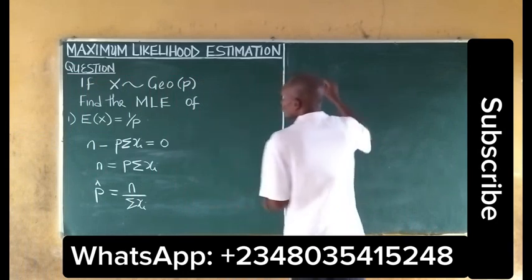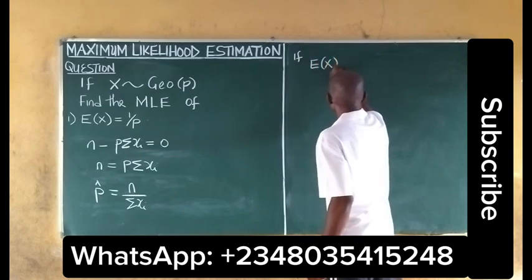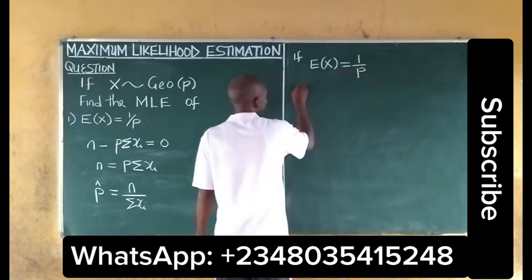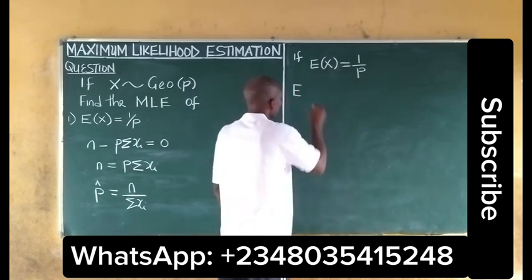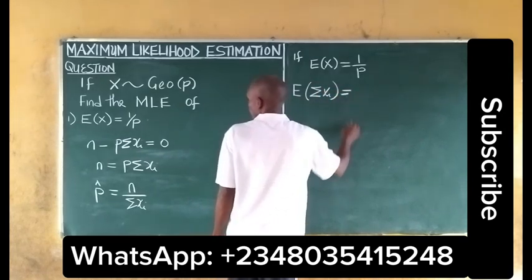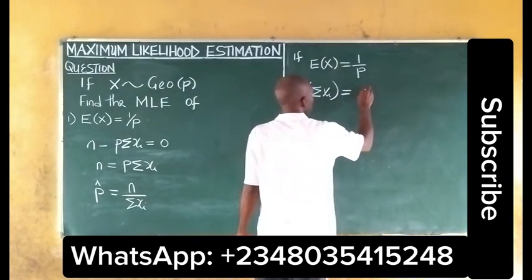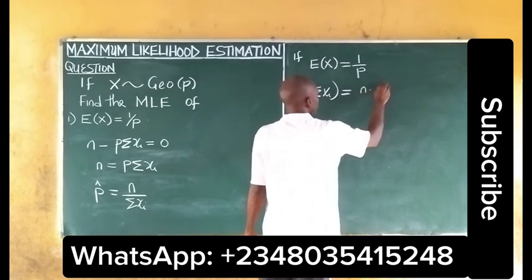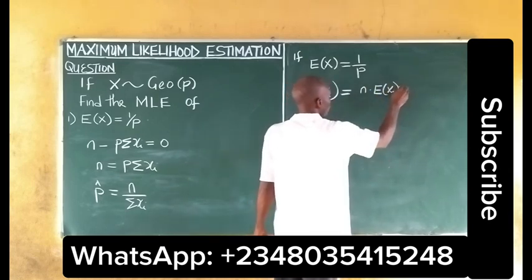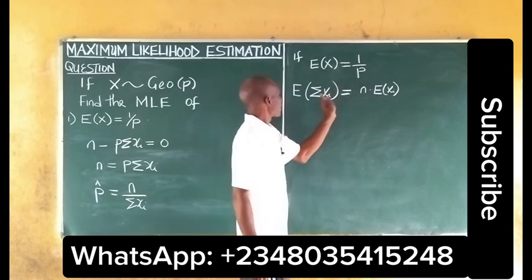So the next thing to do, if the expected value of x is equal to 1 all over p, which we are asked to find, we should also note that the expectation of the summation of xi will be equal to n multiplied by the expected value of xi.